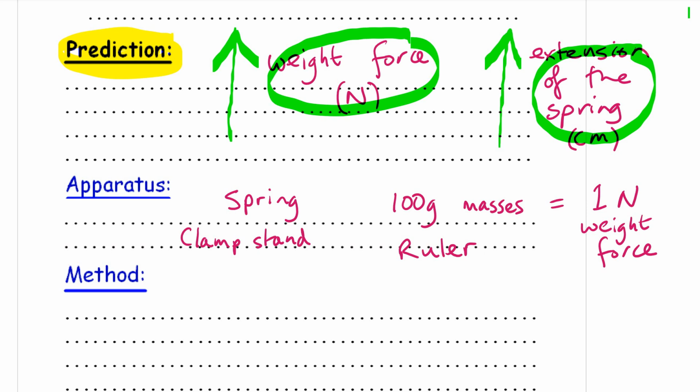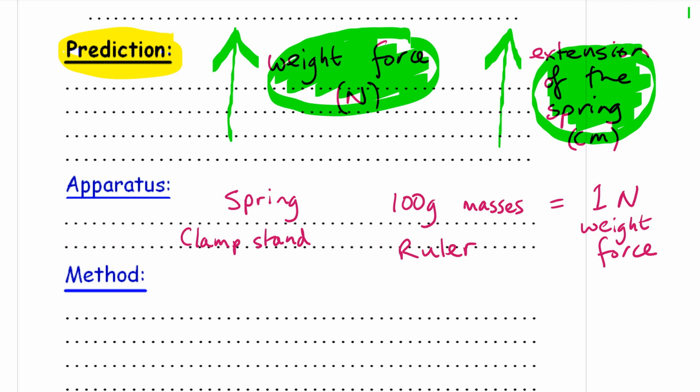But we can do better than that. We could actually put a number link in here. I think a better prediction would be if we double the weight force in newtons, then the extension of the spring in centimetres will also double.